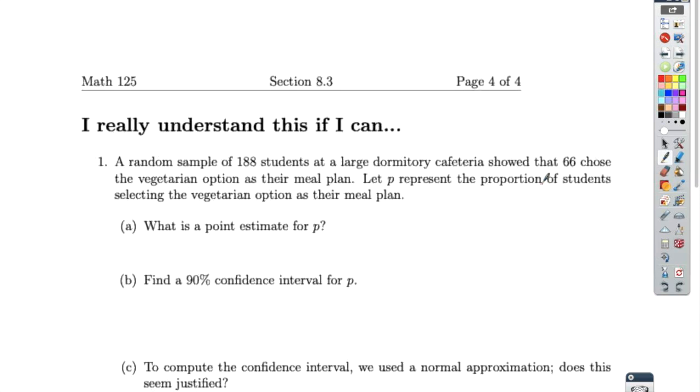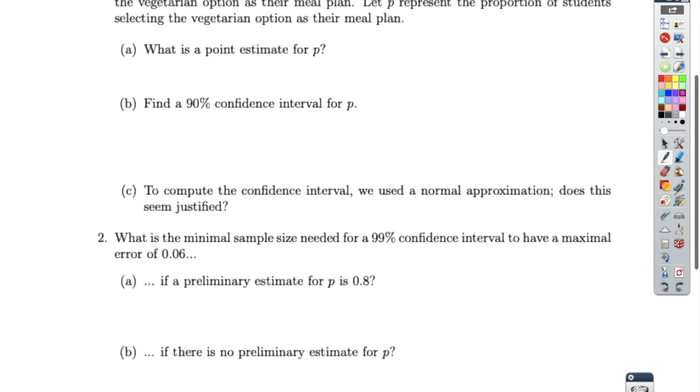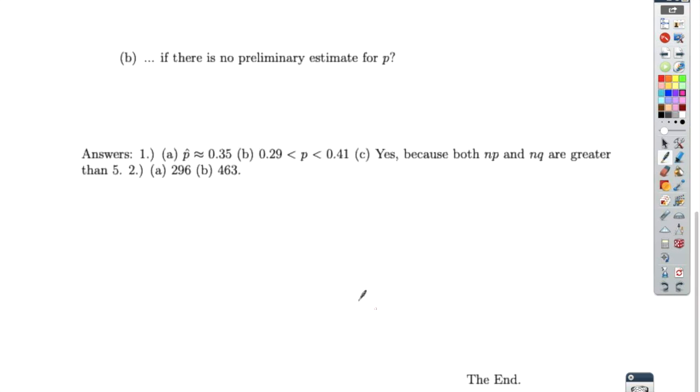Okay, so that's the end of that section. I do want to just clarify something really quick, and then we'll start on the I Really Understand This problems. So the last time we talked, we made this little decision tree. Do we know sigma, the population standard deviation? If you do know sigma, then you use z.